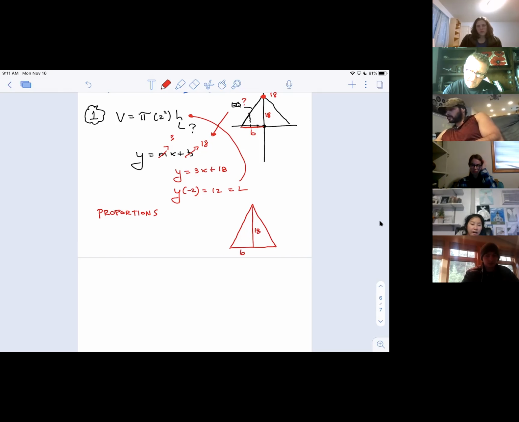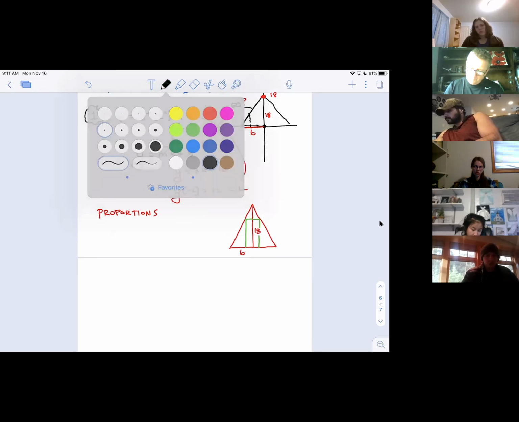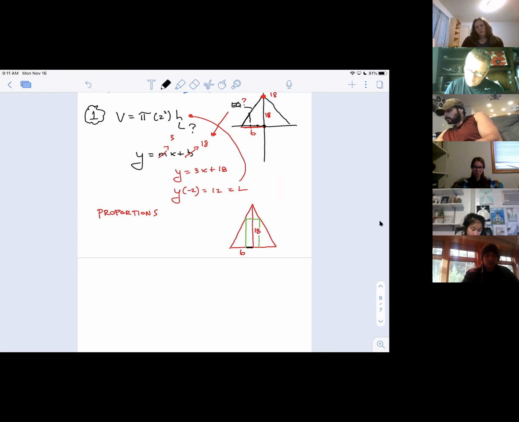And so then if I go in here with my cylinder, and I'll draw this a little more accurate at 2. So that distance right there is 2.